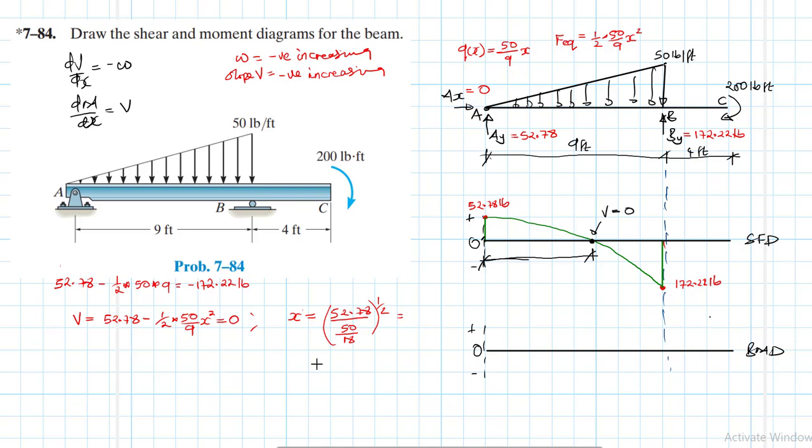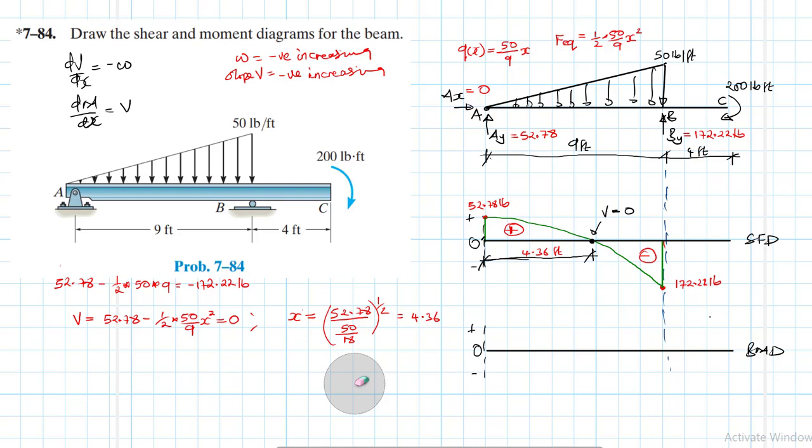So what we find is 4.36 feet. So the shear here is positive, our shear there is negative. We need that value because we are going to use it when finding the maximum moment, during the integration.